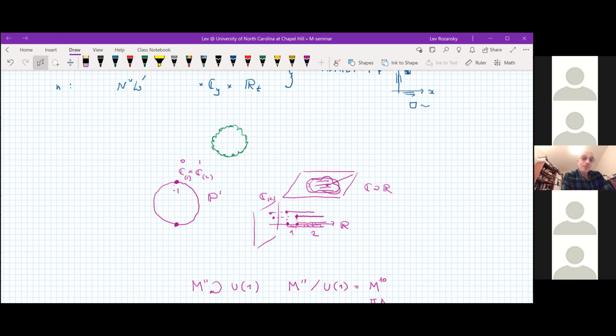In fact, string people tell us that the vibration of a stack of D branes in transverse direction, if you have n D branes which form a stack, naively you would need n scalar functions, each describing the coordinate of a particular brane.